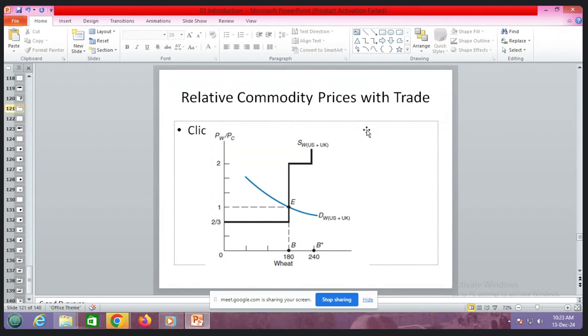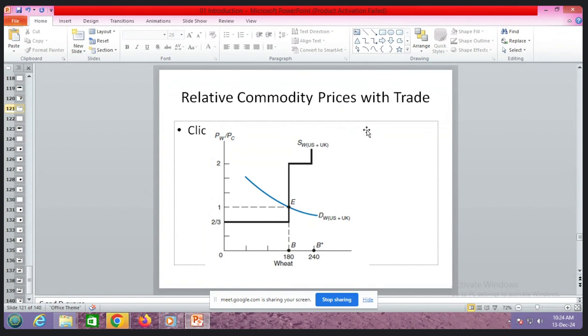So how did we get this supply curve? This supply curve is not like any other supply curve, because we are drawing it under constant cost. What we are measuring here is relative prices on the OY axis and production of wheat on the OX axis.